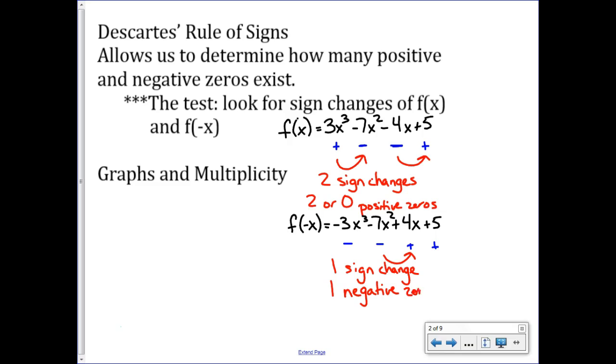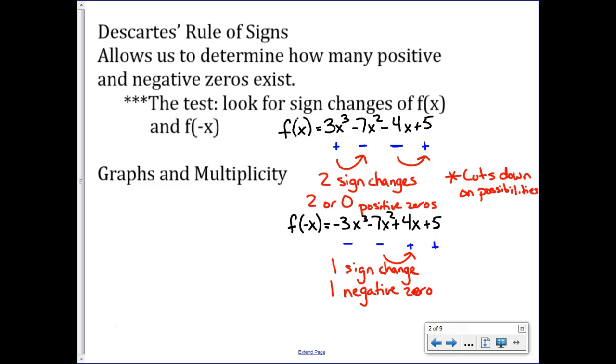And the reason we look at this is because it helps cut down on possibilities of our zeros.